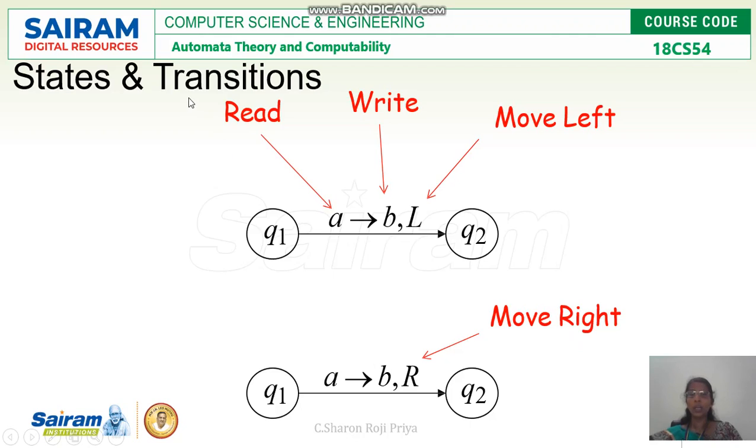So in Turing machine transitions, I have to specify these 3 things: from which state to which state, the operation, and the direction of the read-write head.